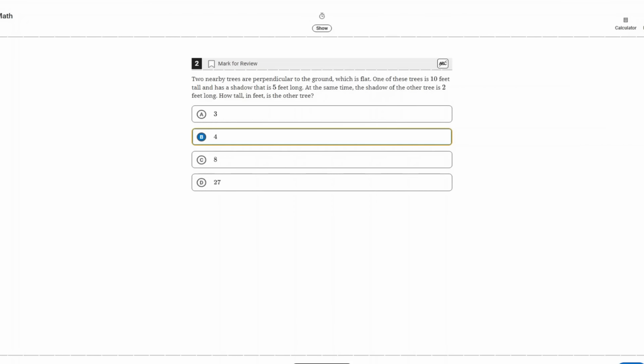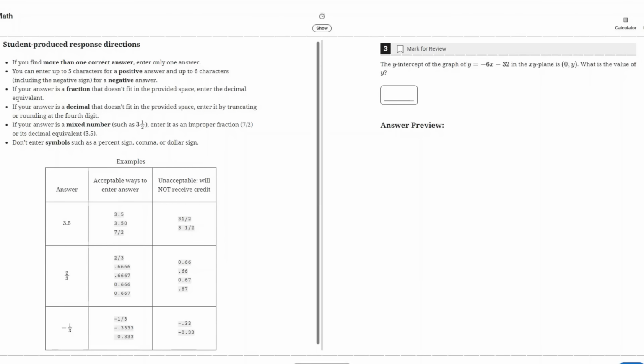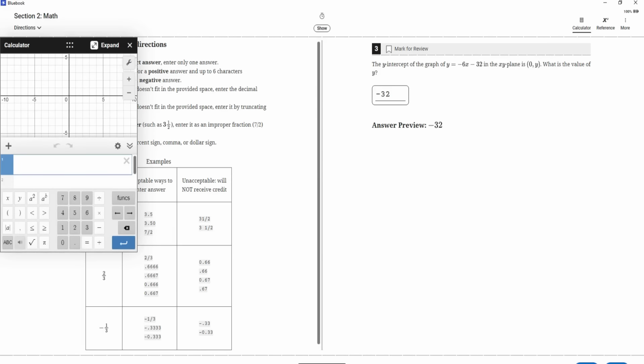Next one. Okay, the y-intercept of the graph y equals negative 6x minus 32, in the xy plane, is 0, y. So y here is the y-intercept. What's the value of y? As you know, in line graphs, y-intercept is this value, here, negative 32. If you want to be sure about it, just draw it in the calculator.